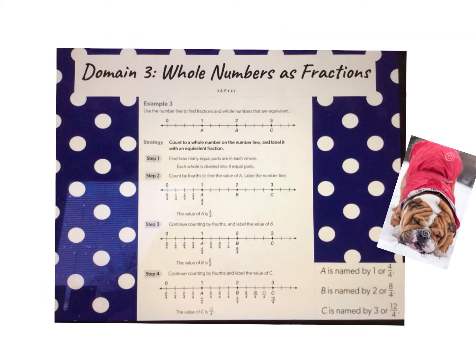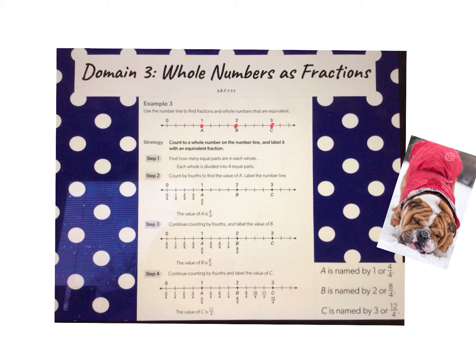Okay, let's keep going. Let's practice it now with number lines. So we're going to use the number line to find fractions and whole numbers that are equivalent. So we're going to find out not just that A equals 1 and that B equals 2 and that C equals 3. But we're going to notice that this line is not just 0 to 1, 1 to 2, 2 to 3.